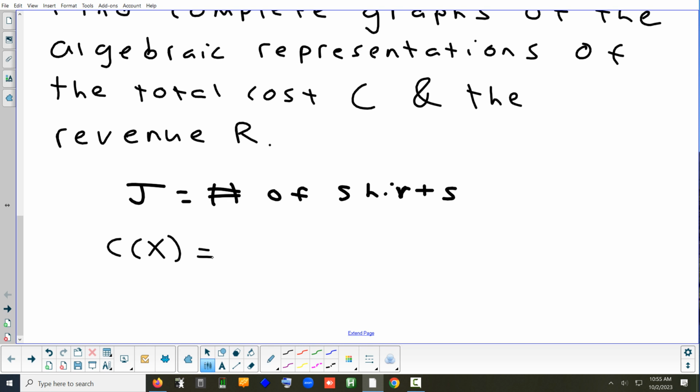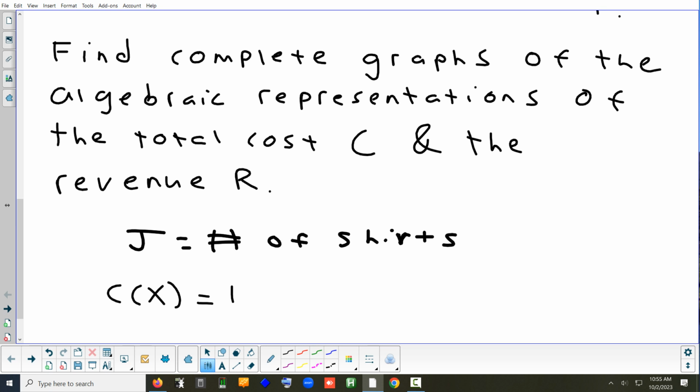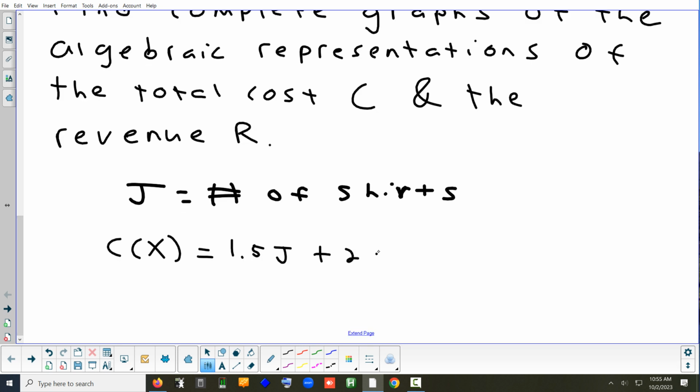Wouldn't it just be 1.5 times J? So 1.5J, so that's the variable costs. That covers the shirts they make. But there's still another cost this company has to pay. The 200,000, so it'd just be plus 200,000. Right, that's a fixed cost.